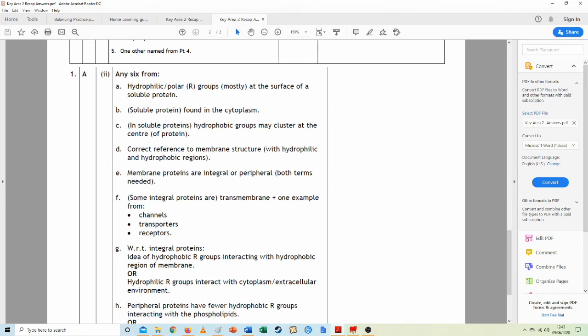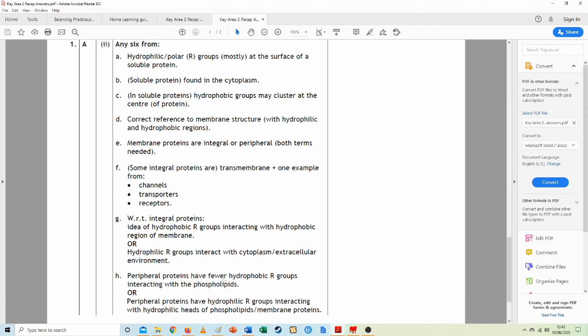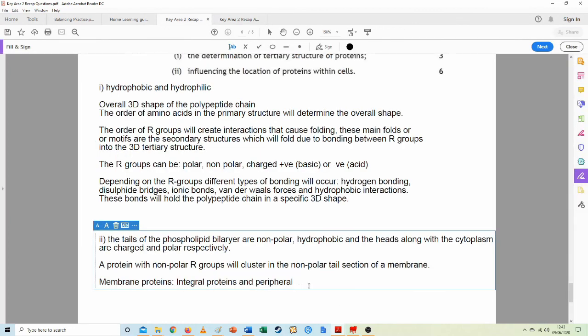I should probably have split that up differently as well. So in the marking scheme, what they're saying is we've got integral and peripheral. And there was me mixing that up, that's not very good. So, the integral proteins are going to interact strongly with the membrane.